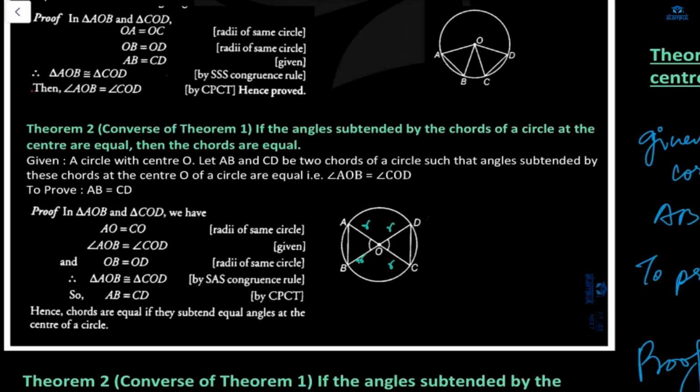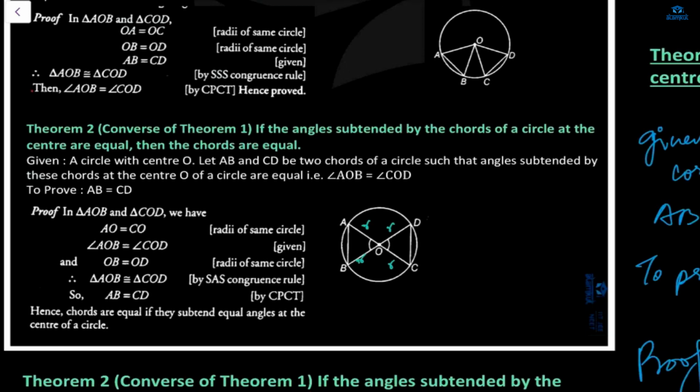And this angle AOB is equal to COD, because it is given. So from SAS criteria, the triangle AOB is congruent to COD. Since both the triangles are congruent, we can say from CPCT that AB is equal to CD. Understood, Shizana? Understood, ma'am.